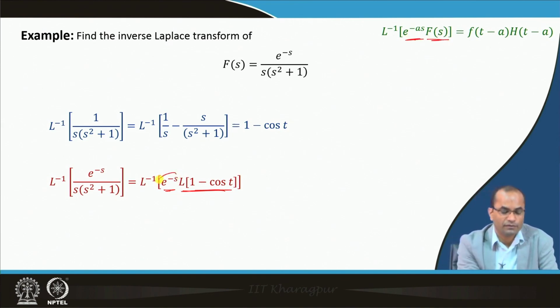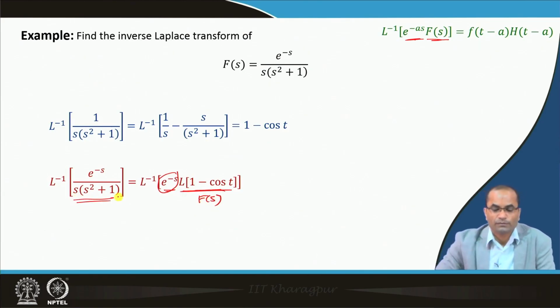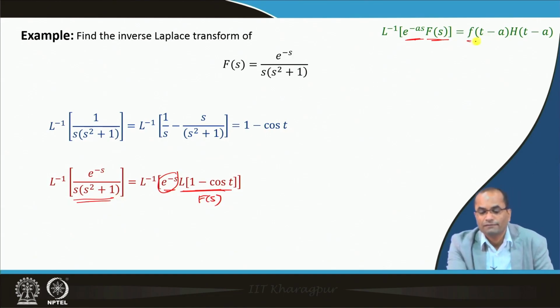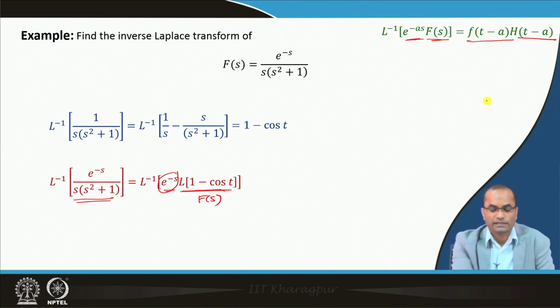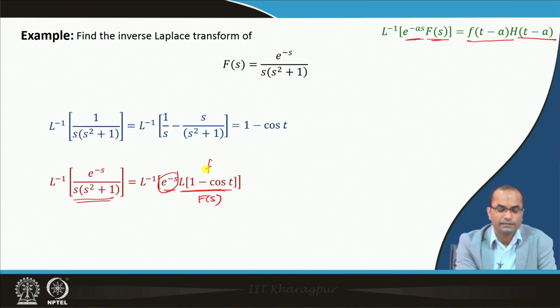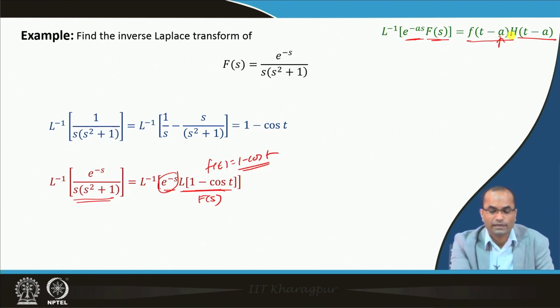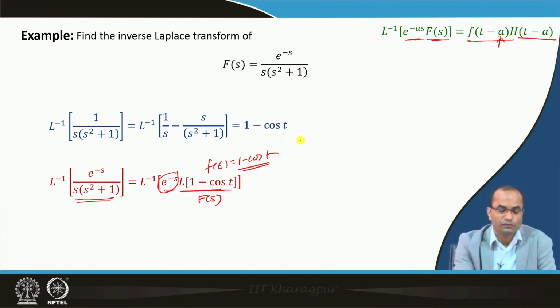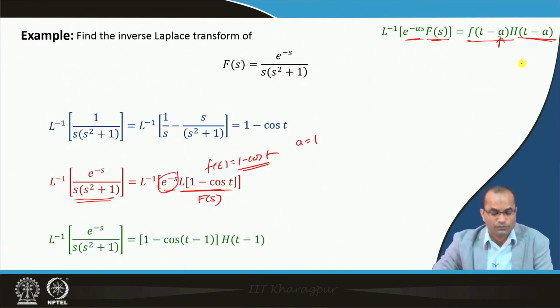So, here we have e to the power minus s, and this is our F(s). The f(t) here is simply 1 minus cos t, and then we have to shift this by a, where a is 1 in our case, and h(t minus a) will also come together.